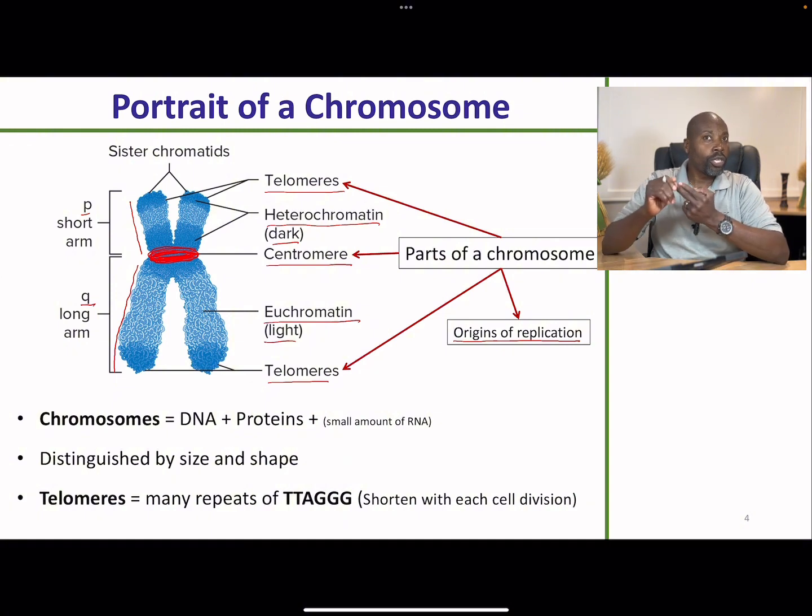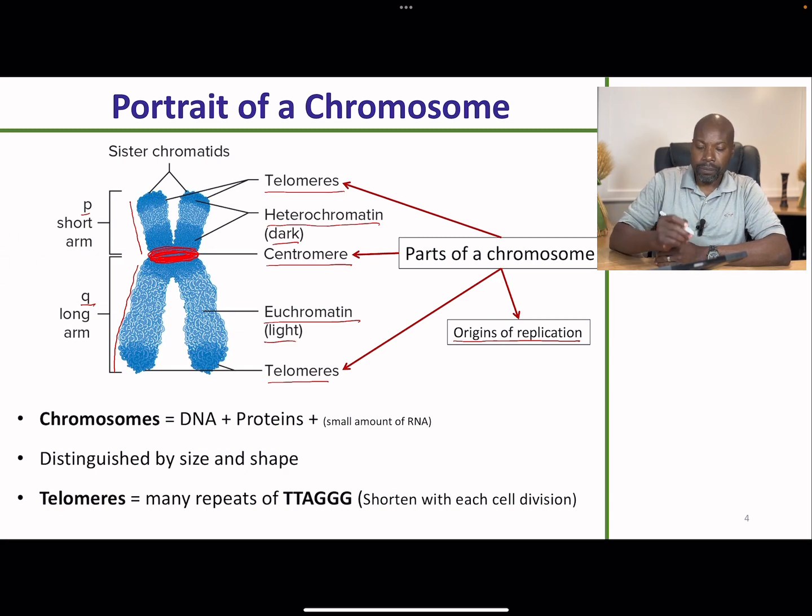Is it on the Q arm, meaning long arm? Where is it located? So, knowing the structure of the chromosome, when we say P, we say short arm. When we say Q, we say long arm.